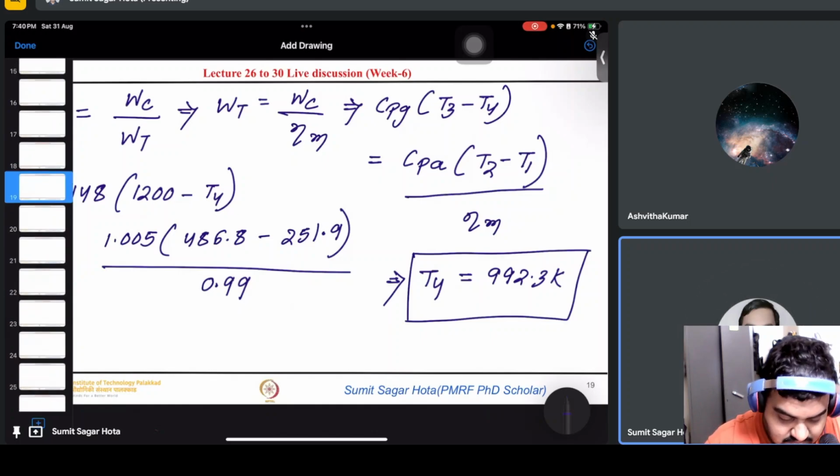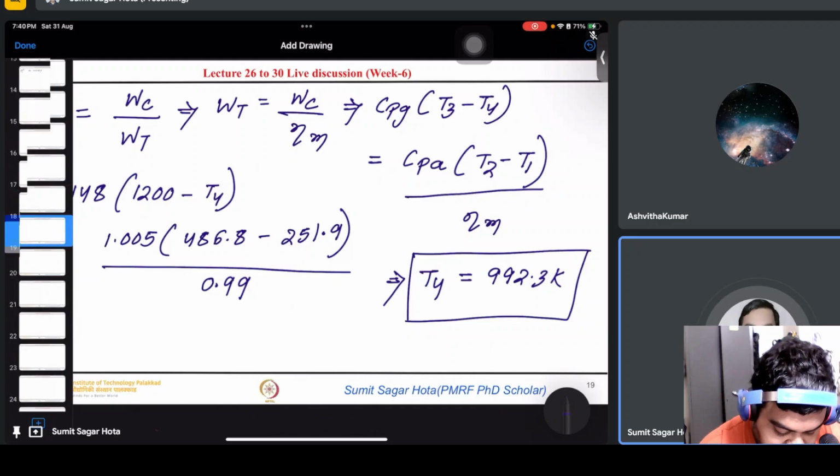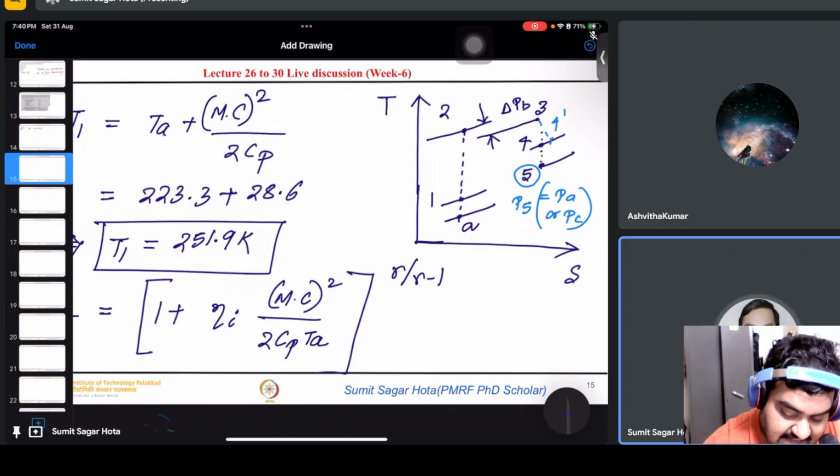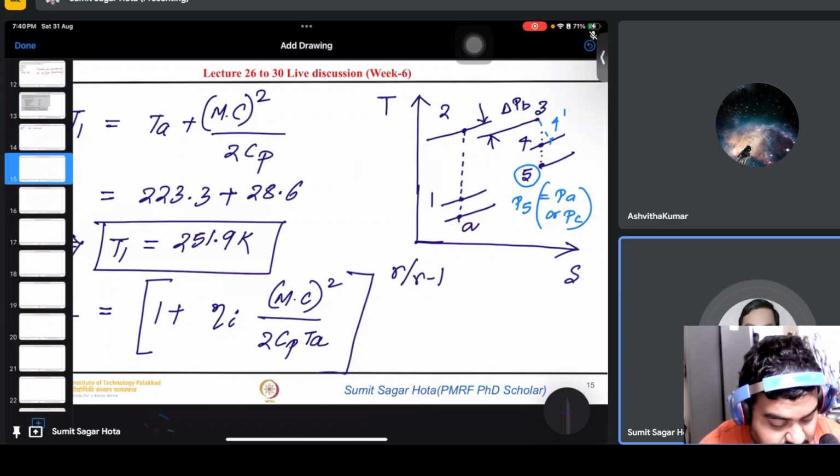Okay, we have T4. So now what we will do is find out P3, because we need to find the temperature T4 dash.